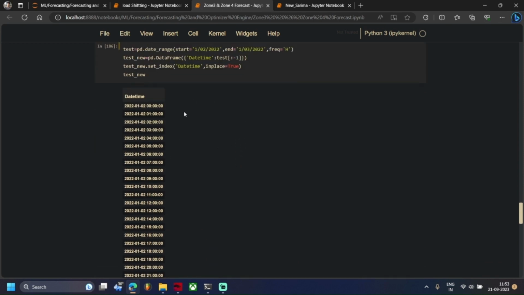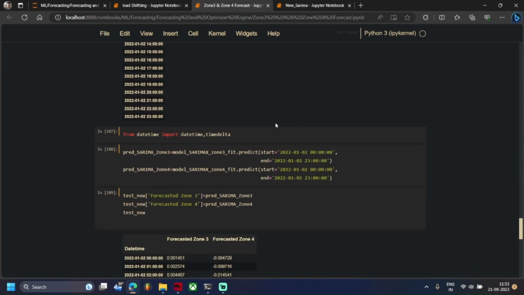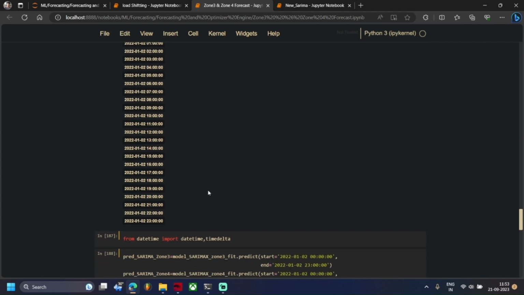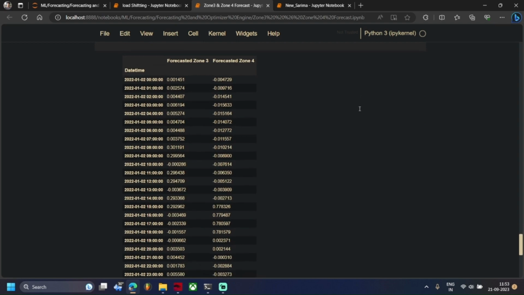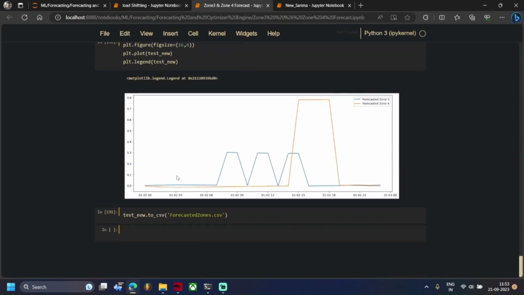As we did for the earlier total demand, we did the same. We rendered a new timeline, and we predicted for the new timeline, that is the next day, and we have the prediction, and this is the predicted graph. You can see it's pretty accurate with respect to yesterday's data, and you can infer that we have a pretty accurate model.